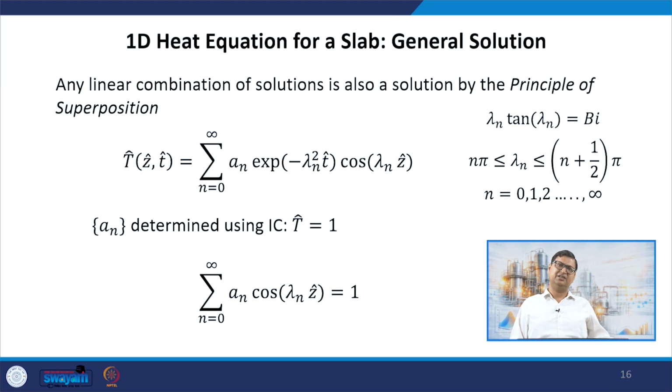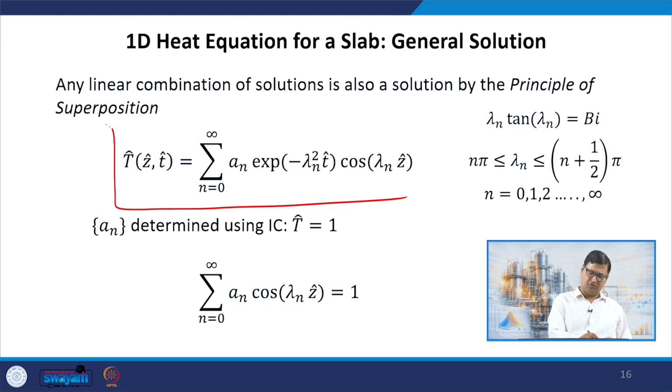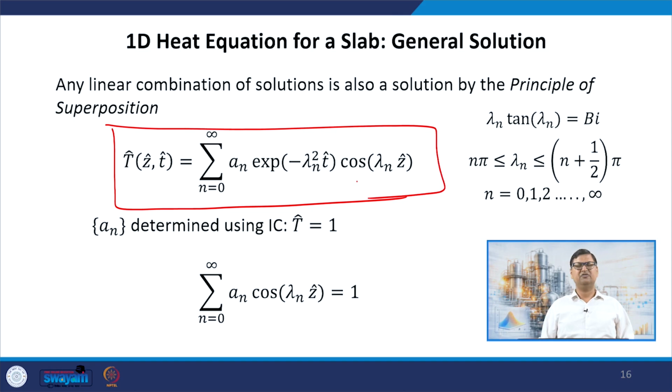That is what is given by the principle of superposition, and we can convince ourselves by putting it in our partial differential equation. So in general, we write a series form from n equal to 0 to infinity. We ignore the negative n values because my function is even, and whatever we have we can include in this factor, a factor of 2 or whatever is important here, right?